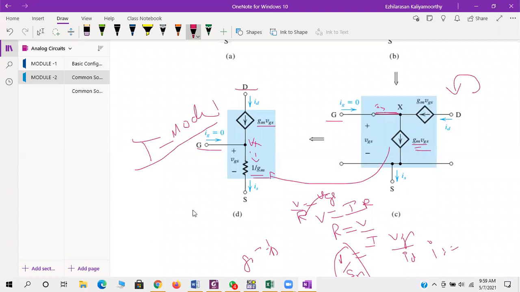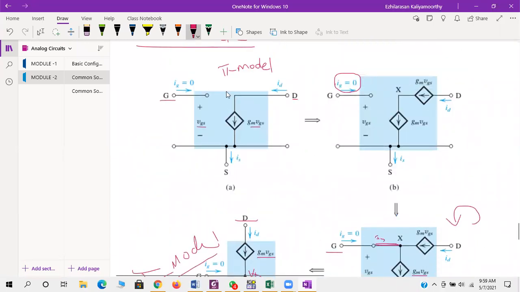Whenever you are having a resistor in the source terminal, then you need to use the T model approach. This is the key hint for you. So whenever you have a resistance in the source terminal of the MOSFET, when you are going to find out any small signal model, then you need to draw the T model circuit.